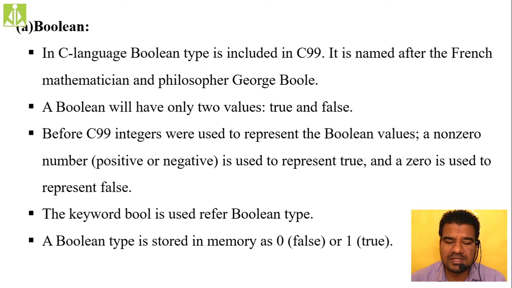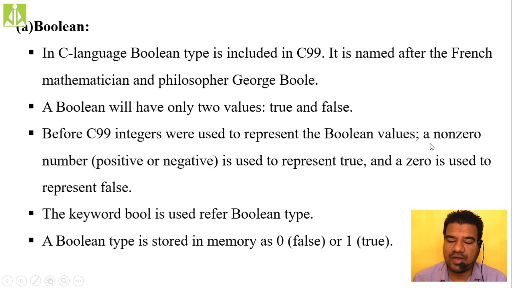Sorry, I have mistaken over here. Before C99, only integers were used to represent the boolean values.